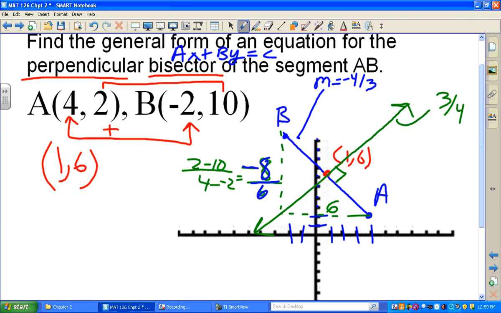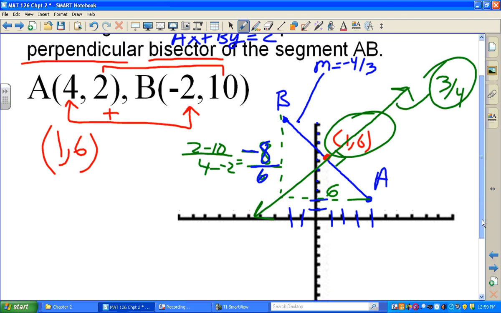Nice. Got my slope, got the point, and I find the equation ax plus by equals c. Trying to figure out if there's a way to go straight to that or not. Probably not.